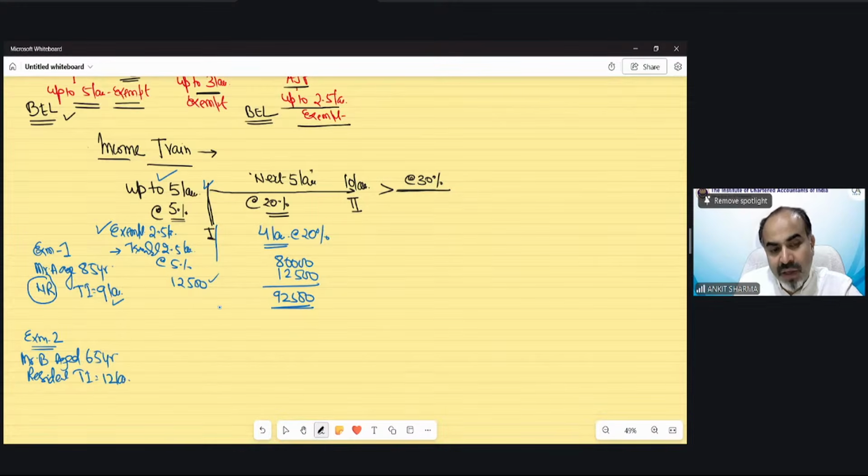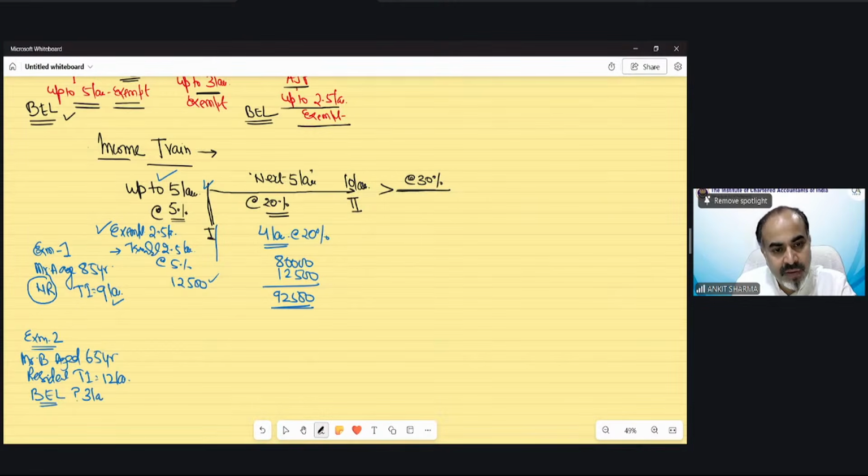Now can you tell me what would be the basic exemption limit in this case? Yes, absolutely correct. It would be 3 lakh. Everybody is giving the correct answer now because he is a resident. Age is between 60 and 80. So category B would be applicable and the basic exemption limit of 3 lakh would be applicable in this case.